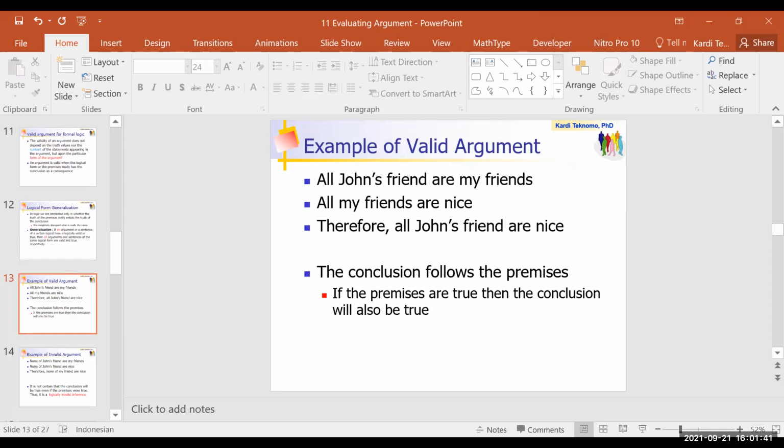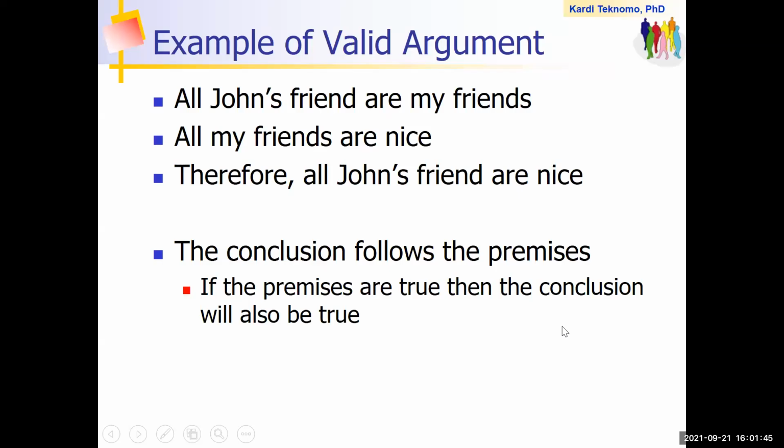Let's take an example. This is an example of a valid argument. All John's friends are my friends. P1, right? P2, all my friends are nice. Therefore, all John's friends are nice. You see that? The conclusion here follows the premises.